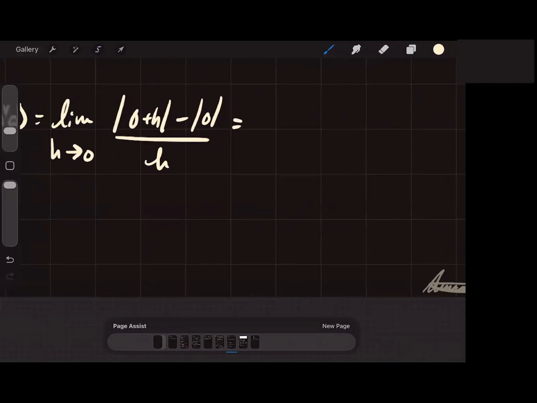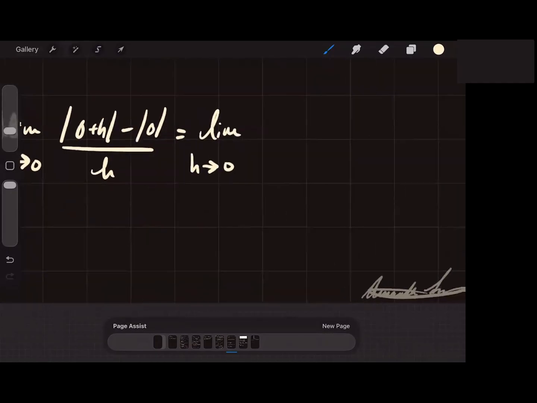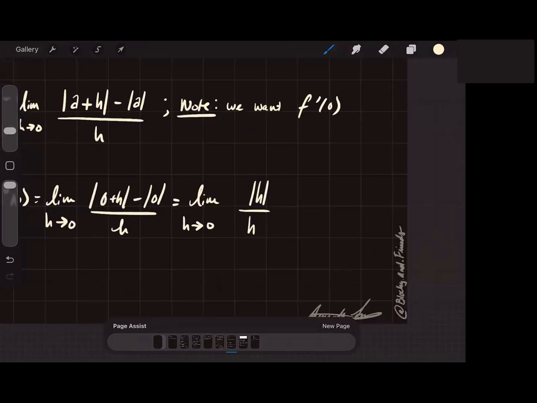And then you can say, oh, the limit as h approaches 0 of absolute value of h over h.